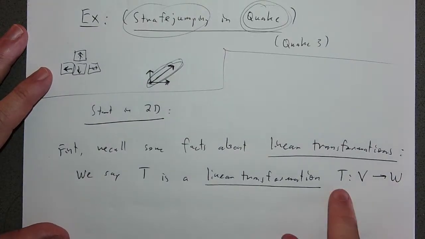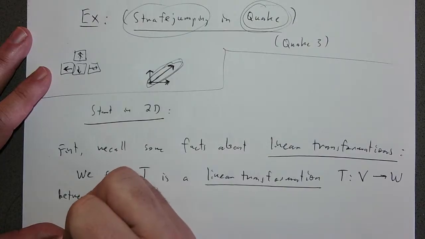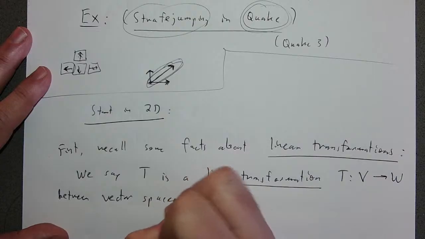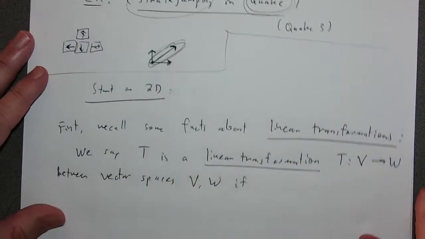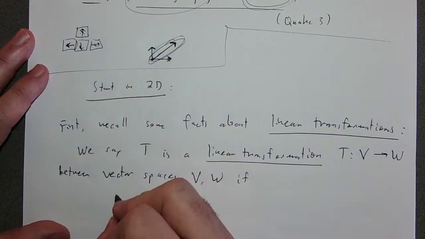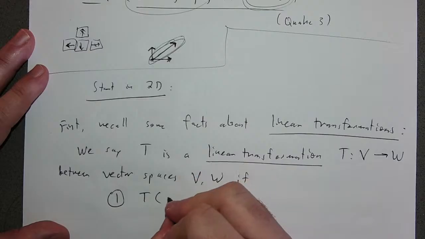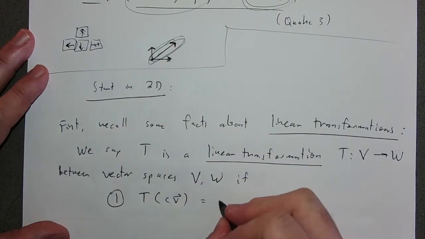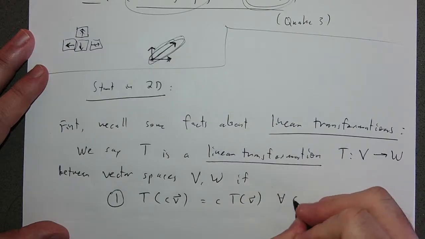We say that T is a linear transformation between vector spaces V and W if, we'll say the first thing, T of cv is c T of v for all scalar c.